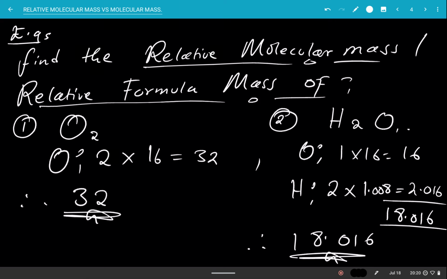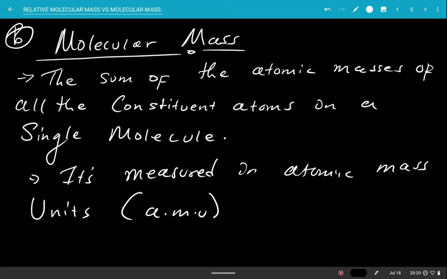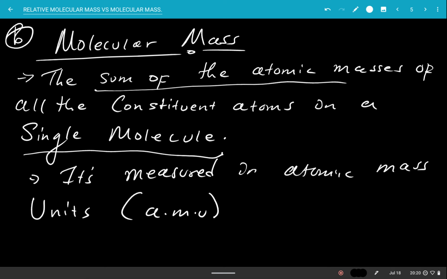Now with this in mind, let's see how best we can distinguish relative molecular mass from our common friend, which is molecular mass. Molecular mass is simply the sum of the atomic masses of all the constituent atoms in a single molecule. When it comes to molecular mass, we're just focusing on a single molecule.